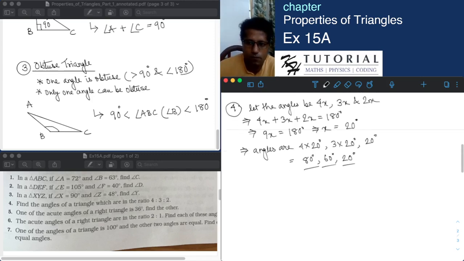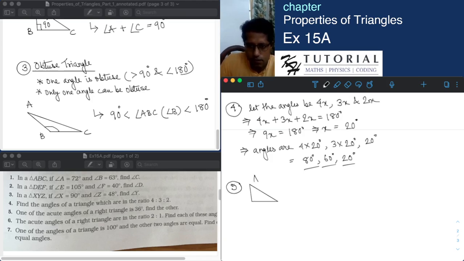Let's do problem number 5. It says one of the acute angles of a right triangle is 36 degrees. Find the other. So we have a right triangle.